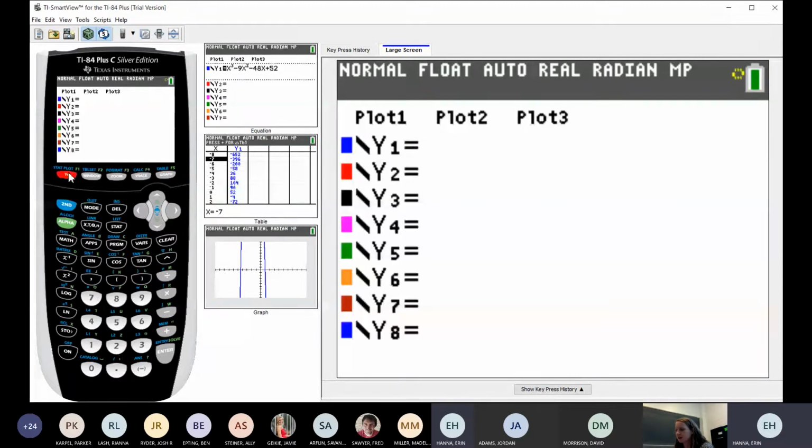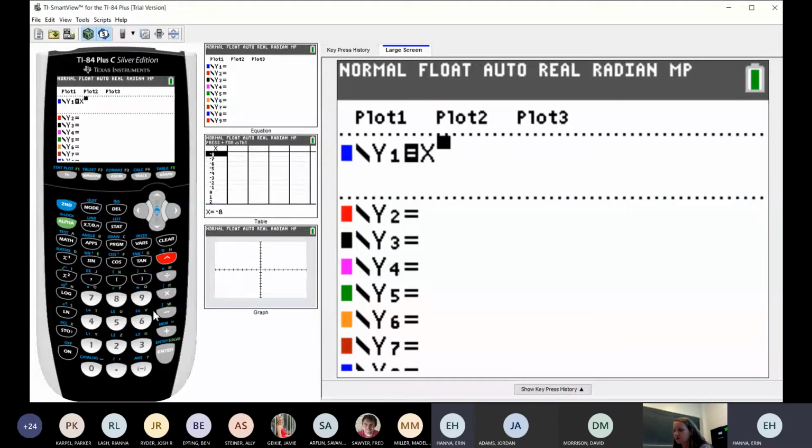If you go to the y equals key and punch in your function, we want the y values for x cubed minus 9x squared minus 48x plus 52.